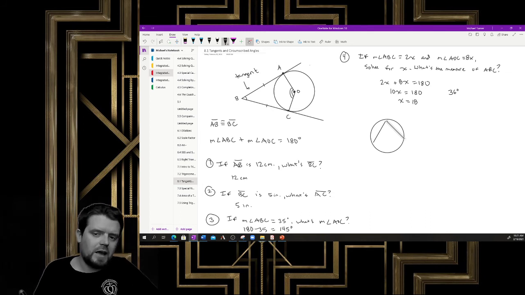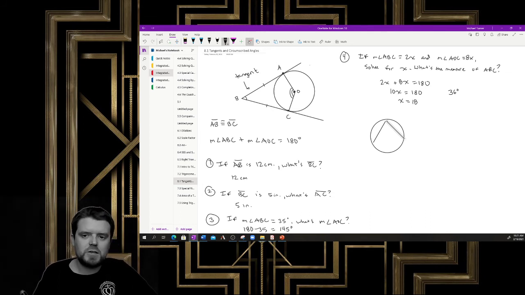The other theorem we have in terms of supplementary angles is that when we look at a quadrilateral inside the circle.